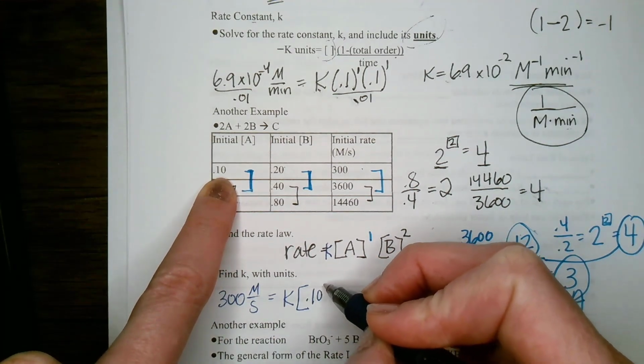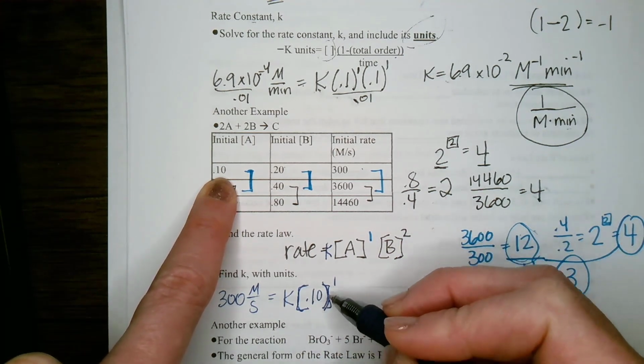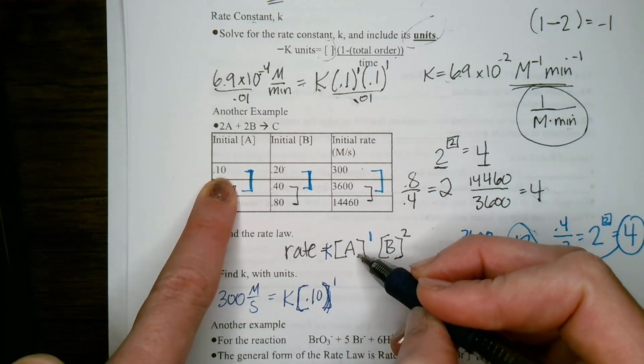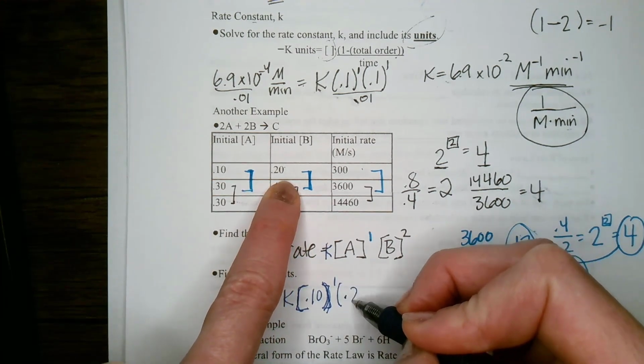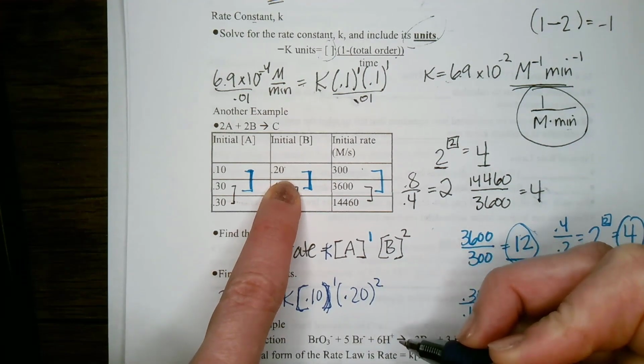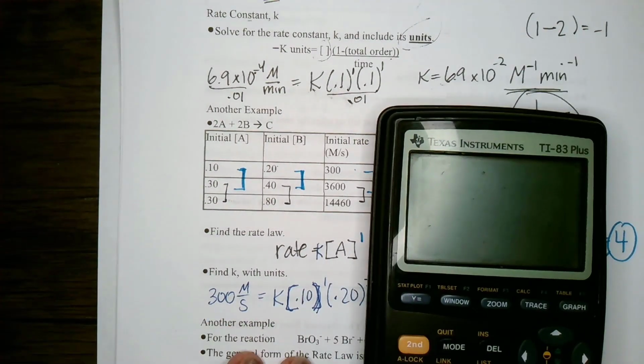So K times the concentration of A, which would be 0.10, raised to the 1. I can just put parentheses around here, times B, which is 0.20 to the second power.